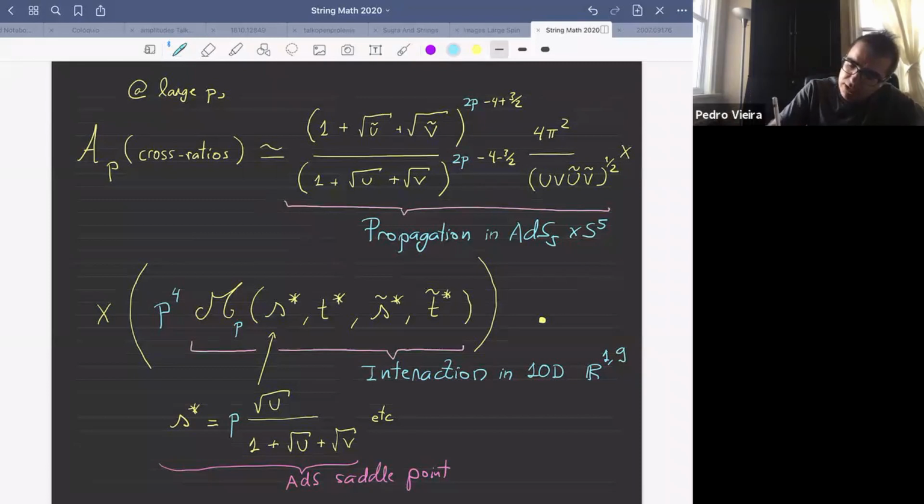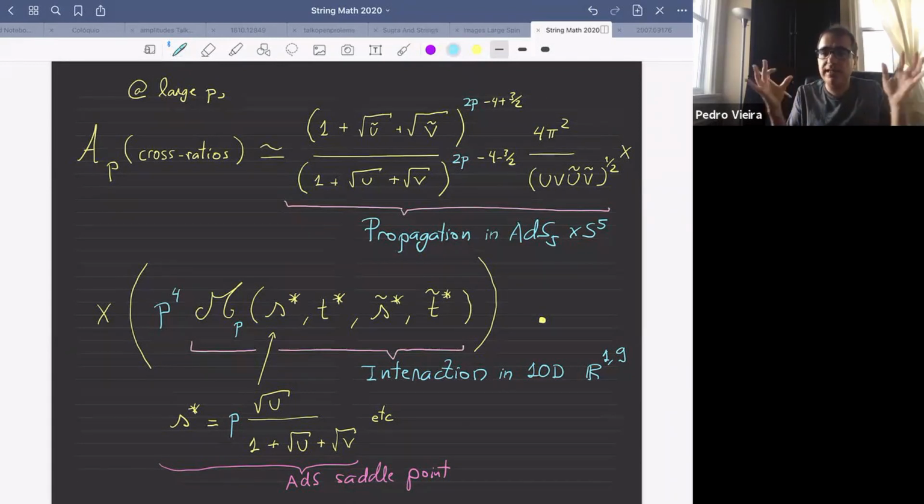And in particular, we will see that for this to be true, this Mellin amplitude better simplify. And instead of having these variables for the sphere and variables for AdS, they should combine into nice 10-dimensional variables.